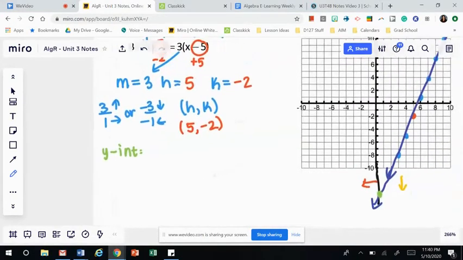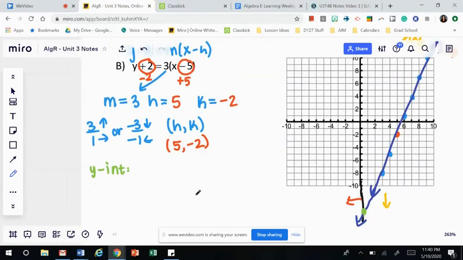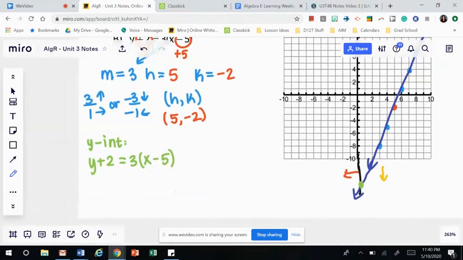So my equation is y plus 2 is equal to 3 times x minus 5. So I want to substitute in 0 for x and solve for y. So I'm just going to be doing some simplifying.